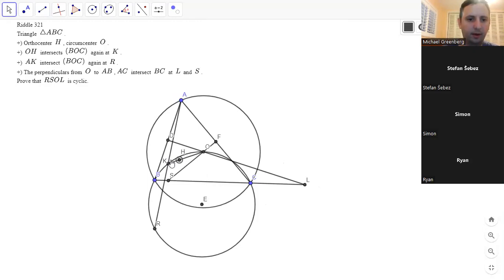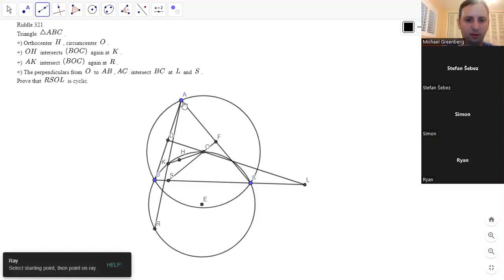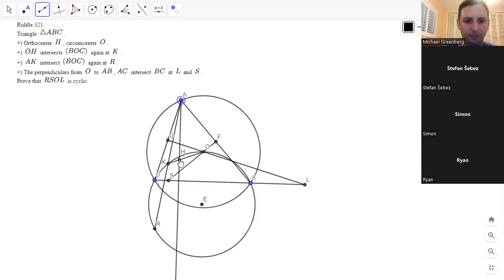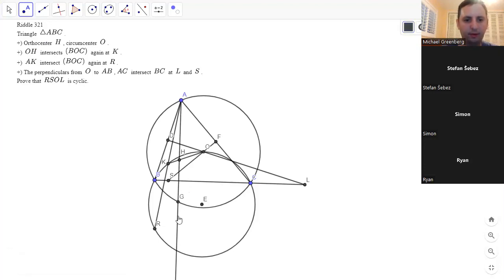Okay, so we have to use somehow that H is the orthocenter. So probably we could use that a reflection of it lies on the circle. I think that's probably the easiest way to use that. But I know there's got to be something special about the circle BOC.